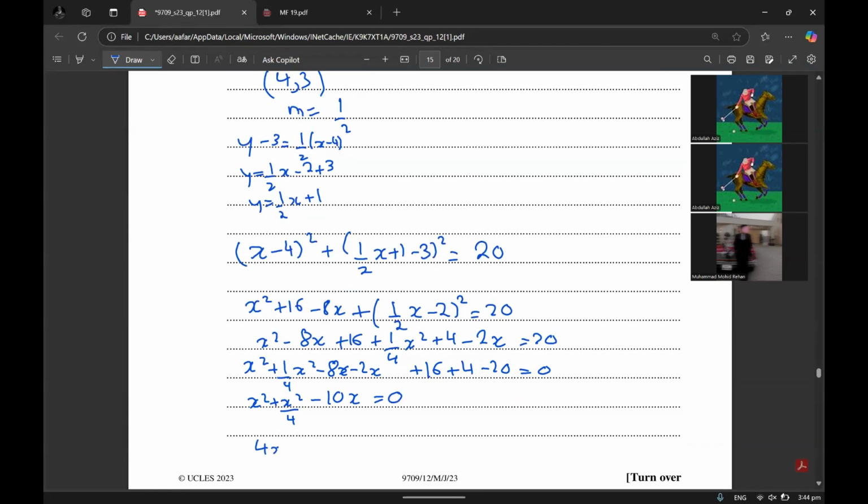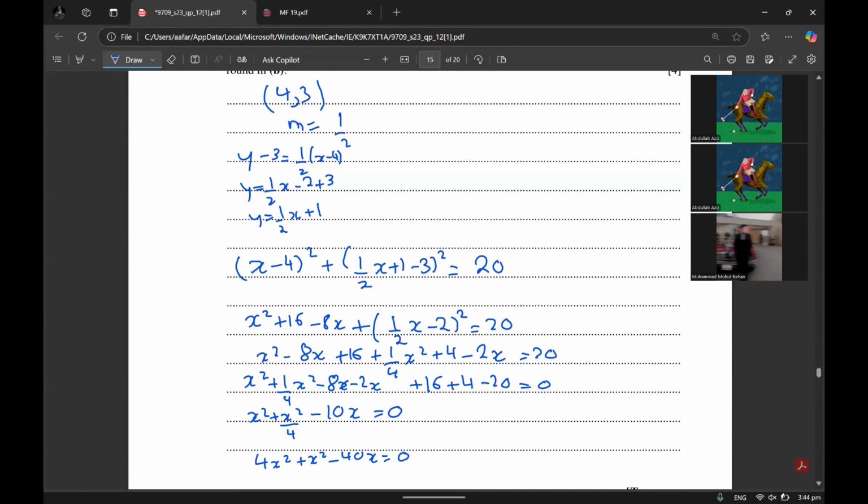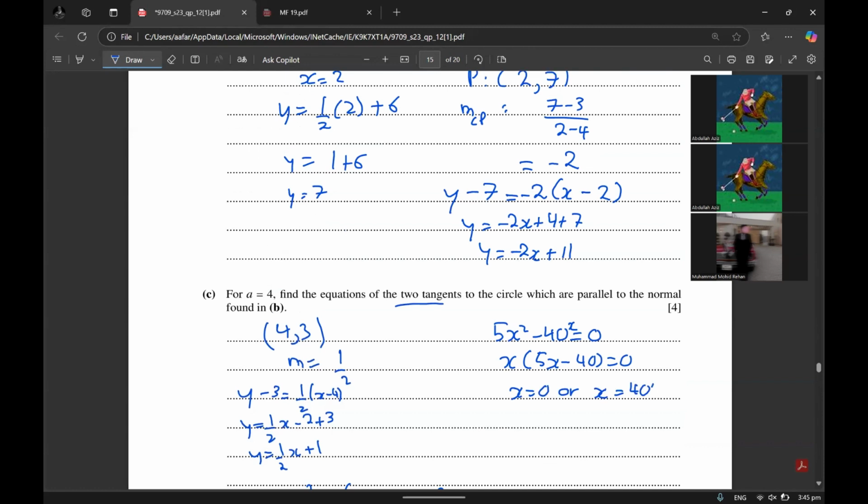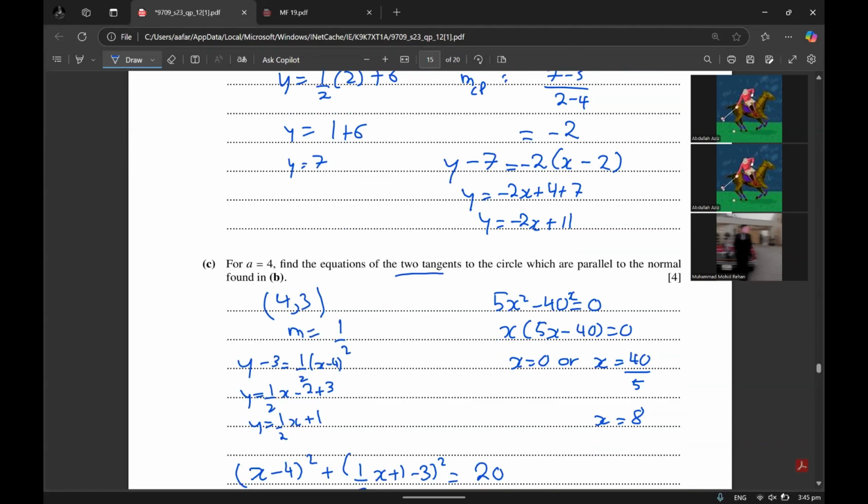Multiply 4 throughout. We get 5x squared minus 40x equals 0, sorry, 40x. So x is 5x minus 40. So x is equal to 0, or x is equal to 40 over 5. So x is equal to 8.